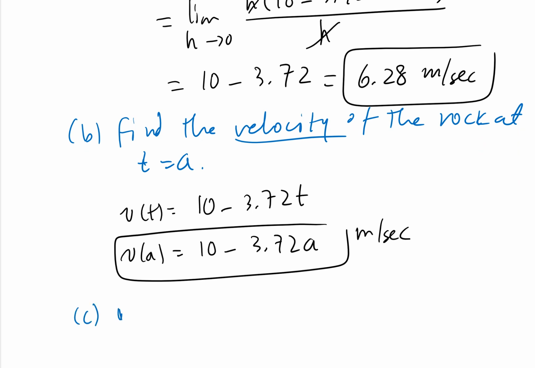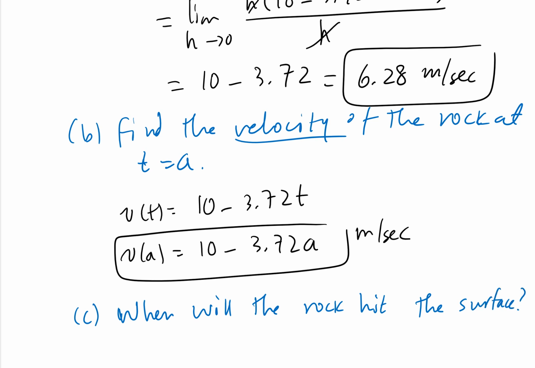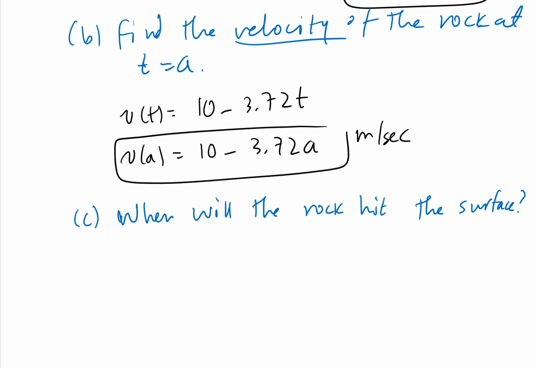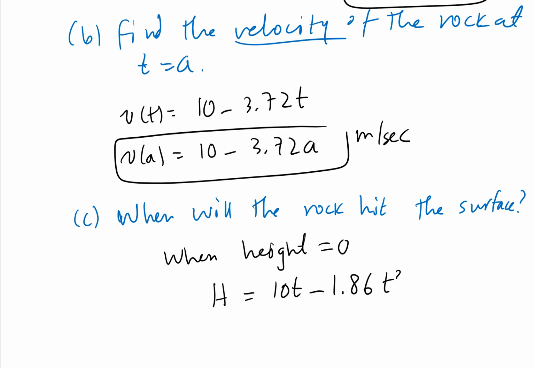Part C. When will the rock hit the surface? Hitting the surface occurs when the height is 0. So this means the given height, which is 10t minus 1.86t squared, is 0.